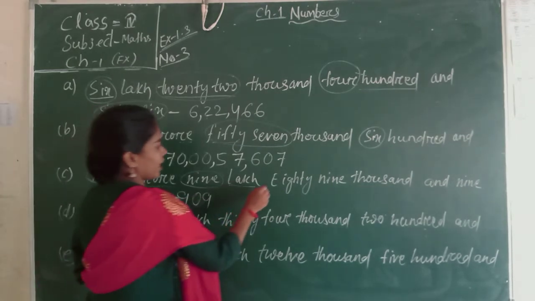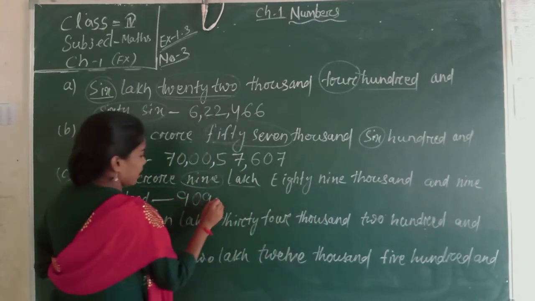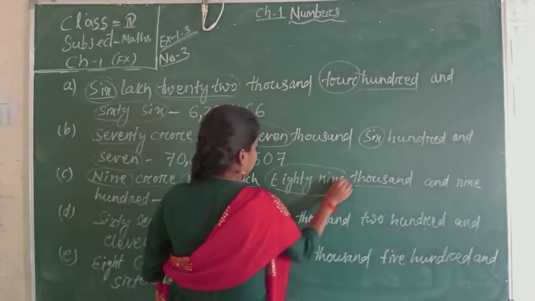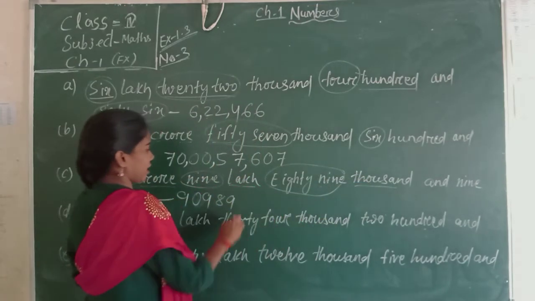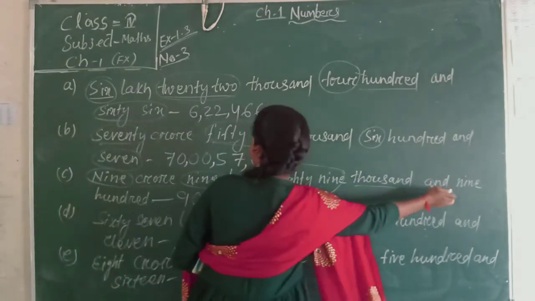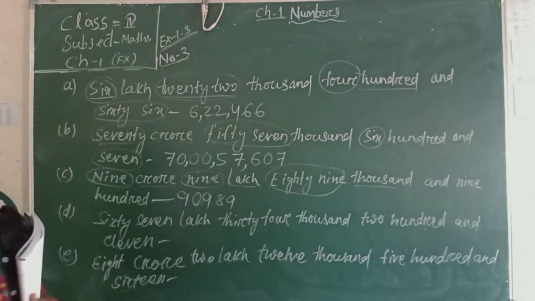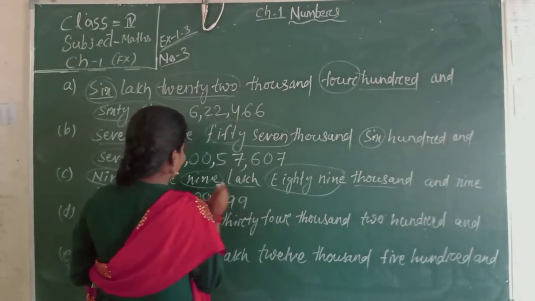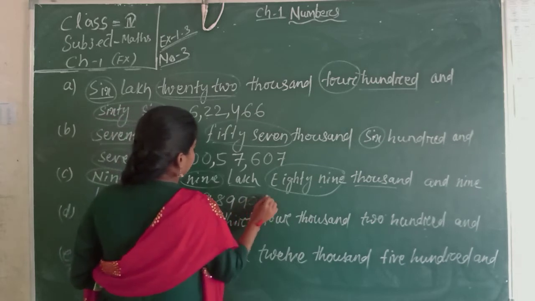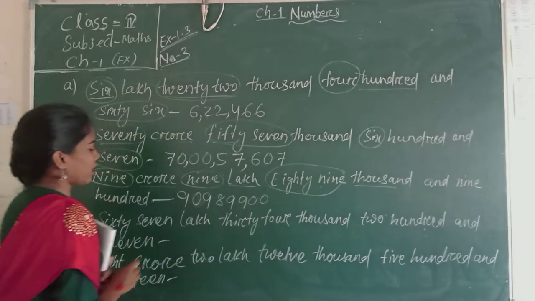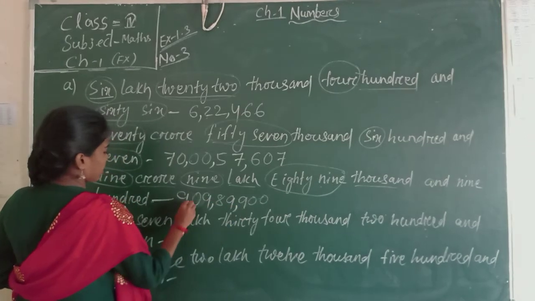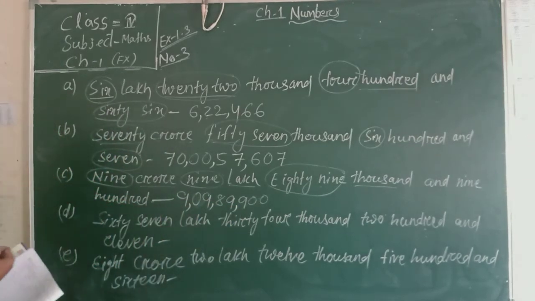Okay, next 89,000. Here in the thousand period there is 89. Next is 900. Last you have to write 900. Now put commas after 3 digits and then 2 digits, next 2 digits.